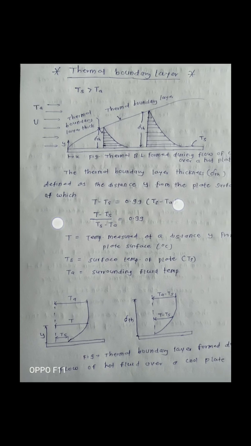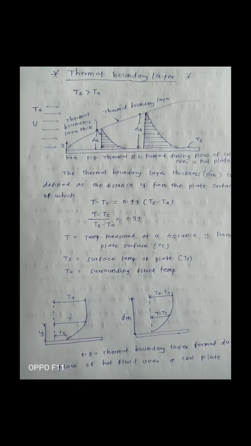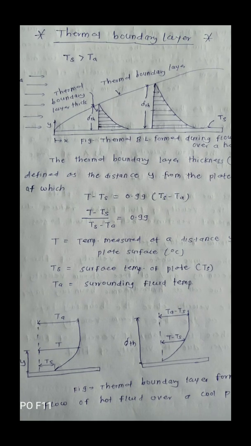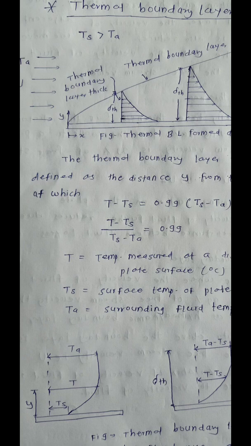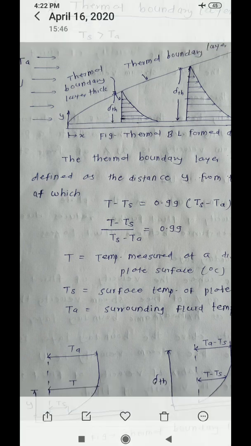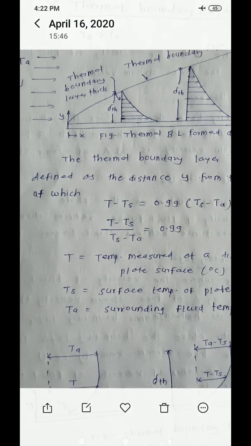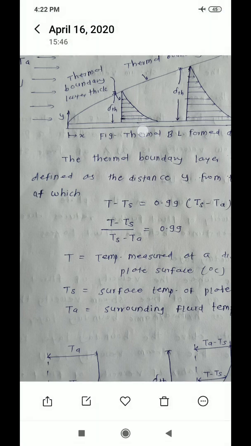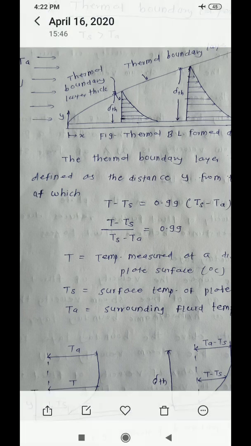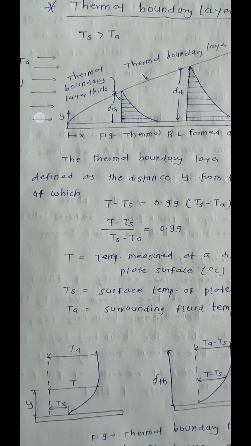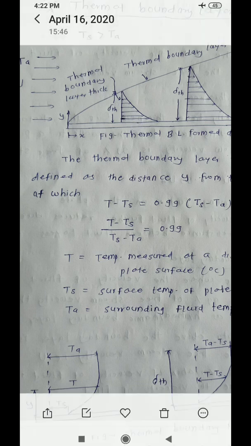So what is meant by thermal boundary layer thickness? We have to consider one layer of the fluid. Suppose this is one layer, and that layer touches this surface. The temperature of the surface is higher and the temperature of this layer is lower, and this layer is in contact with this surface.